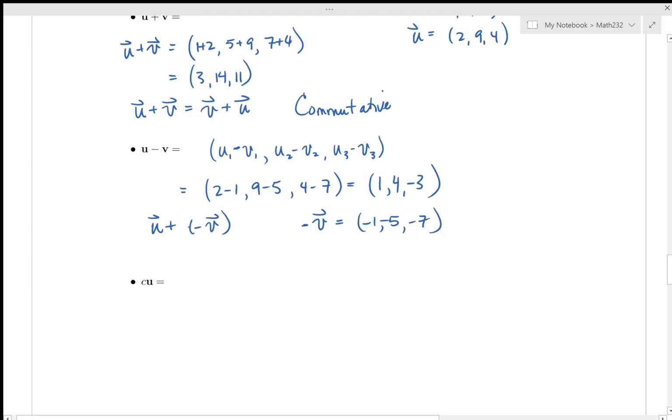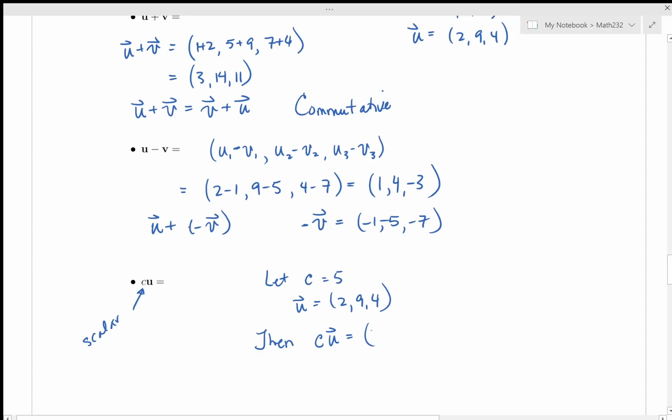All right, now I'm going to take a vector u and multiply it by a scalar. You notice that this is in the non-bolded font. That is a scalar. Let us take an example. Let c be equal to 5, a scalar, and u be the vector 2, 9, 4, just like we had before. When I multiply the vector u by the scalar c, I multiply each one of the components.